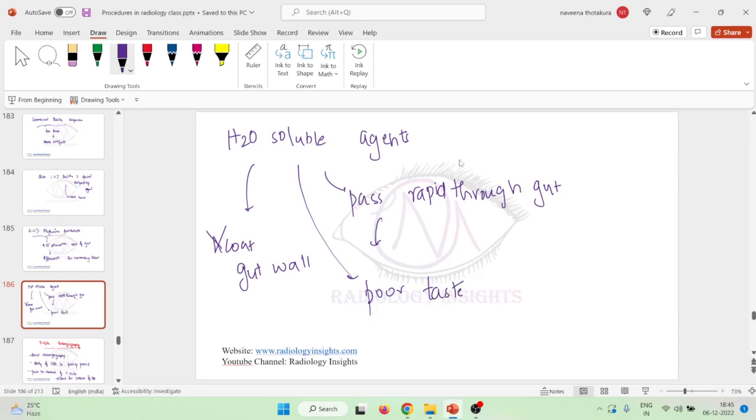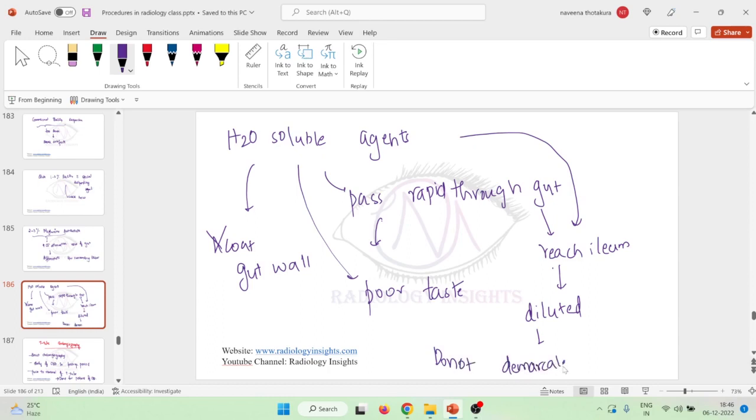And once these water soluble agents rapidly pass through the gut, they reach the terminal ileum, and when they reach it, they become diluted. Thus they do not demarcate the distal small bowel properly.